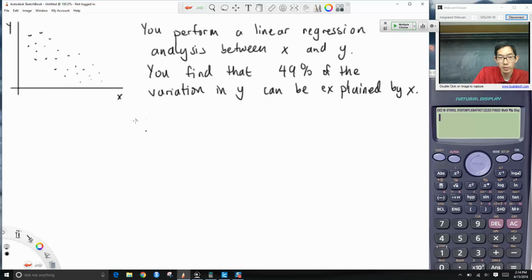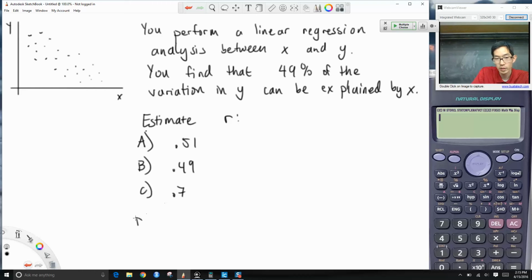Estimate r. I'm going to say 0.51, 0.9, 0.7. Go ahead and pull out your clickers and click away with your estimates.